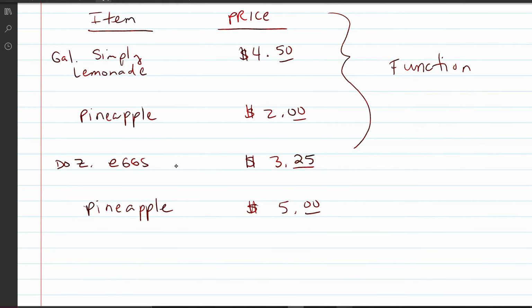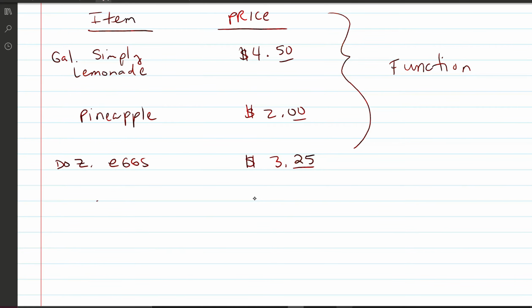Well, we know that can't be right because all of the inputs must have the same output. So that's the definition of a function. You can't break that rule. If the inputs are the same, they have to have the same outputs. Here it doesn't. So this breaks the rule of being a function. So that cannot occur. So let's erase that.